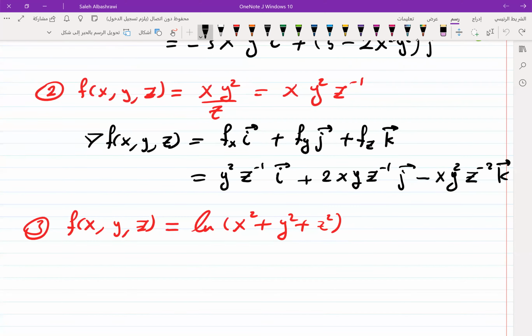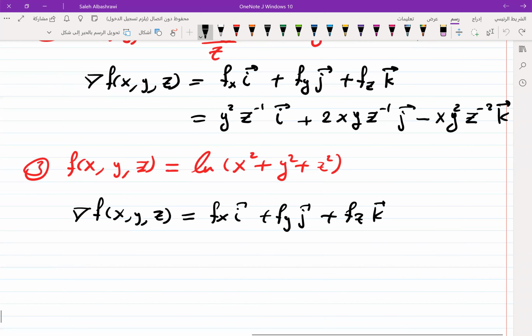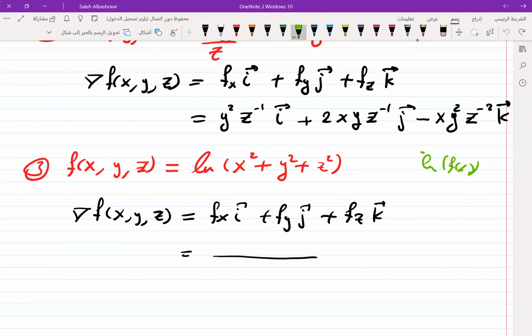So the gradient in this case is f sub x i plus f sub y j plus f sub z k, the partial derivatives. With respect to x, the derivative of ln of f is equal to f prime divided by f.